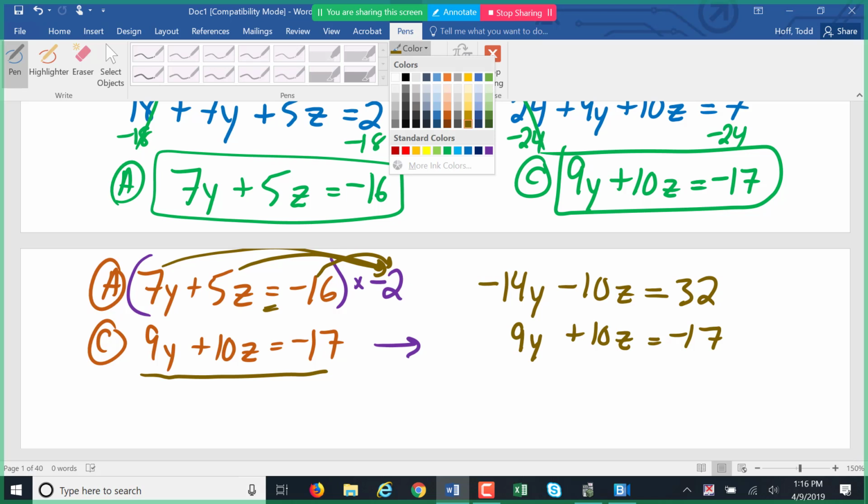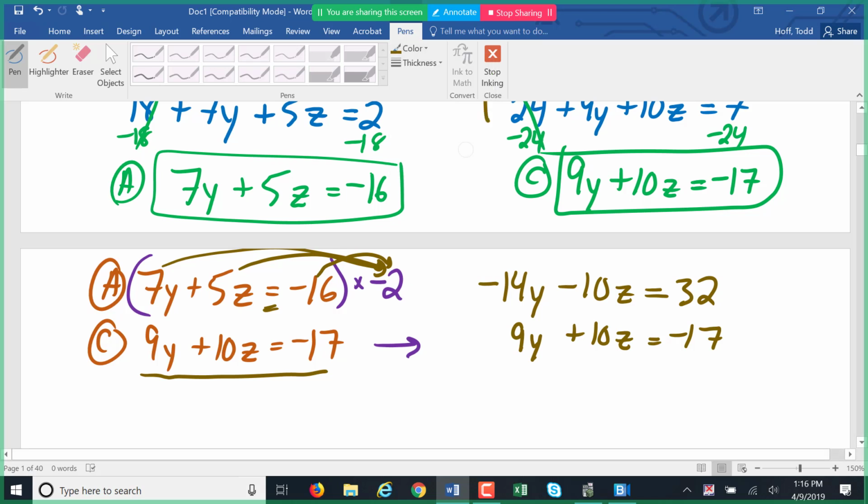Now at this point, it might be apparent why we multiplied that top equation by negative 2. Because now we got a negative 10z and a positive 10z. They're going to cancel out. So I got negative 14y plus 9y is a negative 5y. Negative 10z plus 10z cancels out.